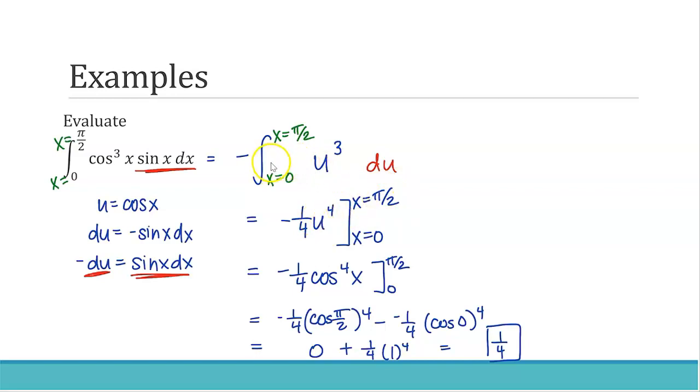So I recommend changing everything, including the limits, to u's, but it is possible you will still get the right answer if you leave them as x's, indicate that they are x's, and then go back and turn your u variable into the x function that you replaced it with before plugging in those limits of integration.